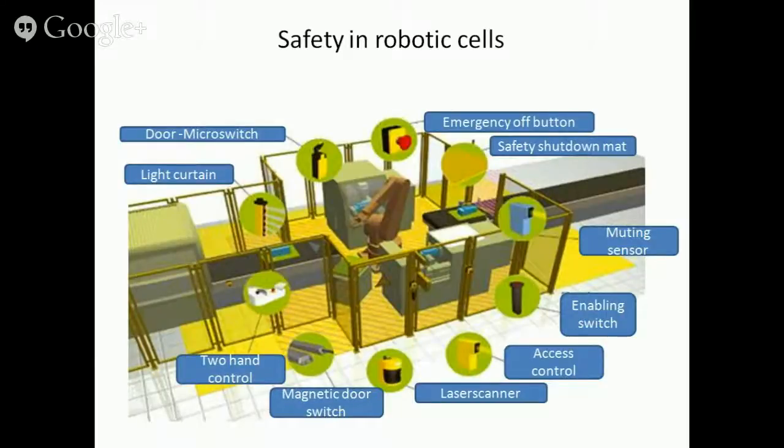This robotic cell is surrounded by a safety fence. And starting at 11 o'clock, we see a number of other safety devices. A door at the backside of the cell, through which the cell can be accessed.